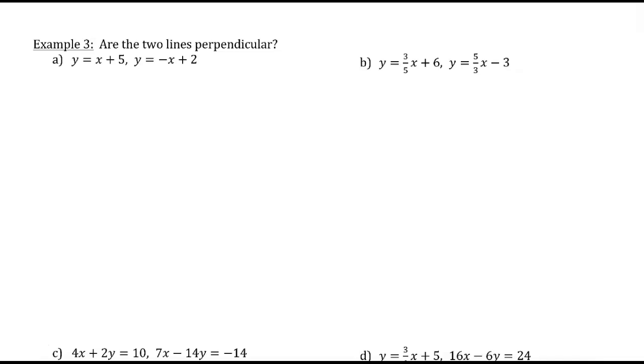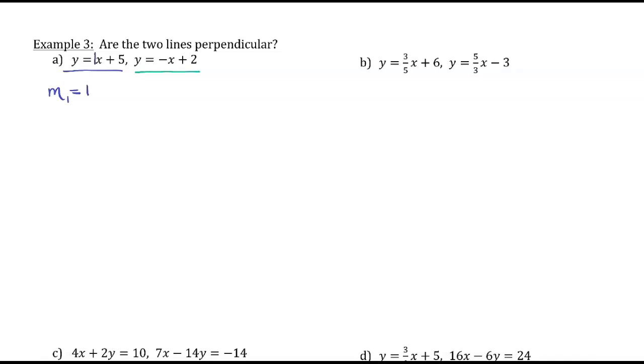In example 3, we are given two lines and we need to decide if they are perpendicular. In part A, the first line is y equals x plus 5. The slope of this line is 1. We'll call it m1. That's the coefficient of the x term. The second line is y equals -x plus 2.